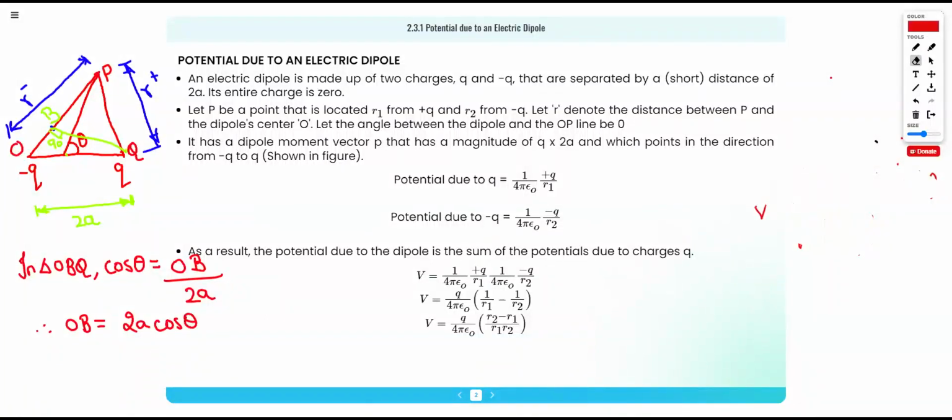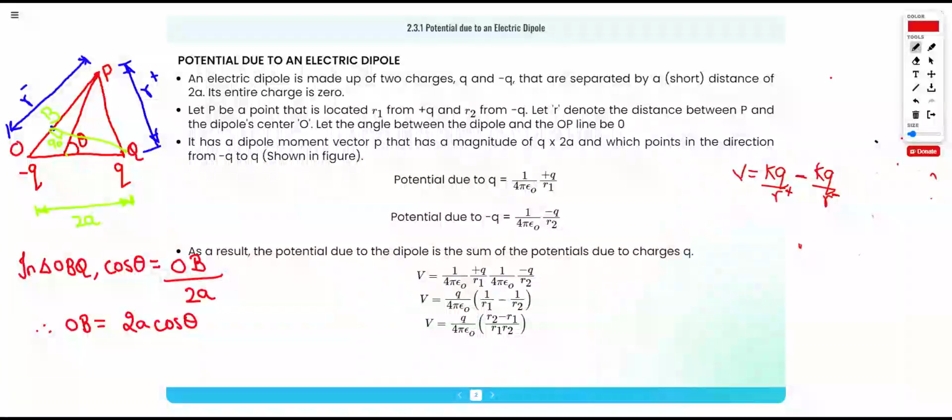So our V will be equal to K Q over R for this point, then K Q over R for the other. This is plus charge, this is minus charge, and here I will write a minus sign.